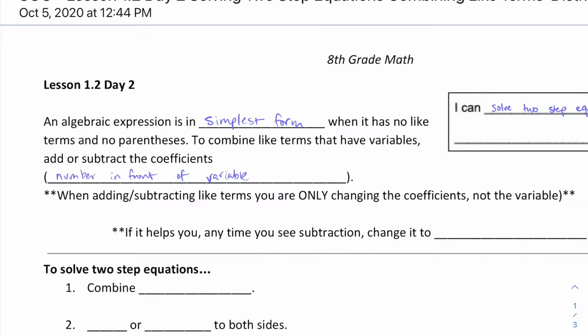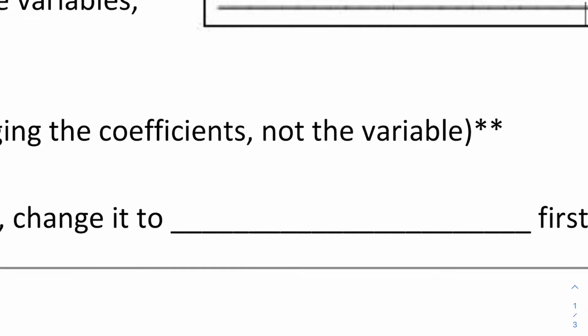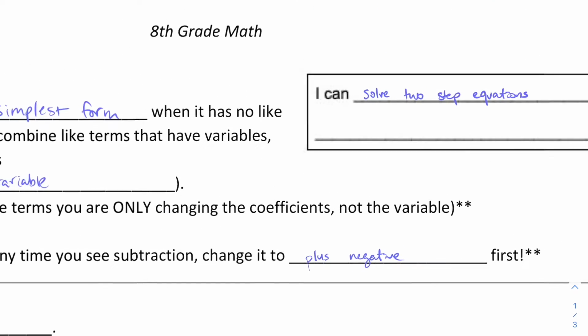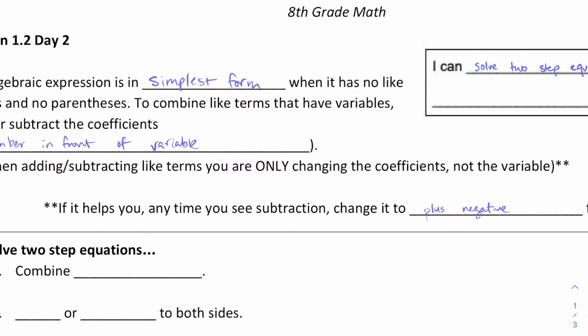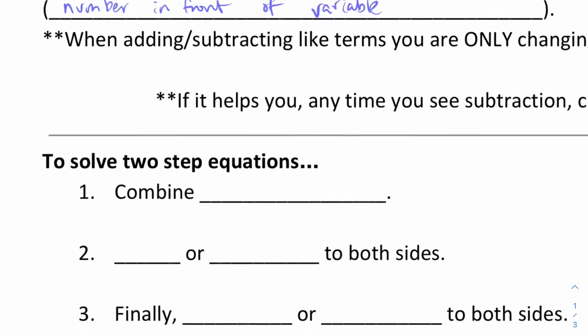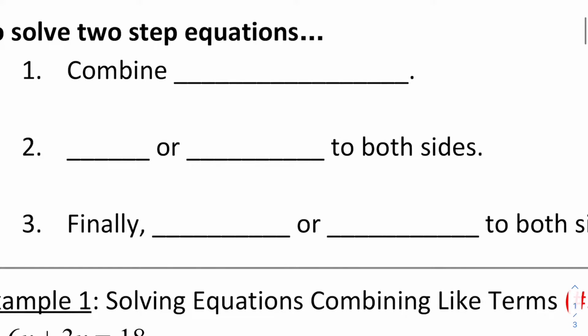If it helps you, anytime you see a subtraction, you could change it to a plus negative first. So that's a little hint if you would like. And here is how to solve two-step equations. I know there are 3 steps, but I guess I should have labeled this as multi-step equations. Step 1 is to combine like terms.